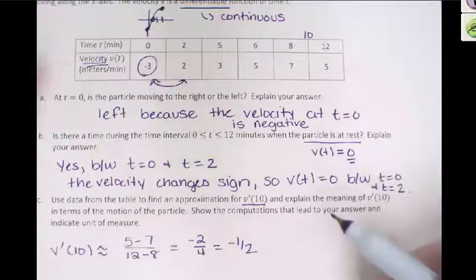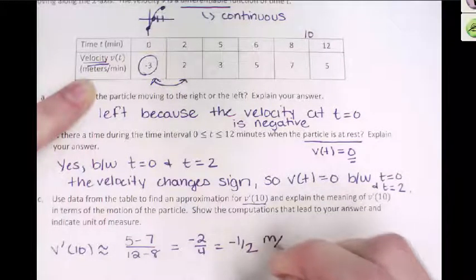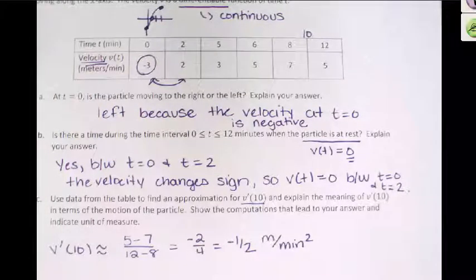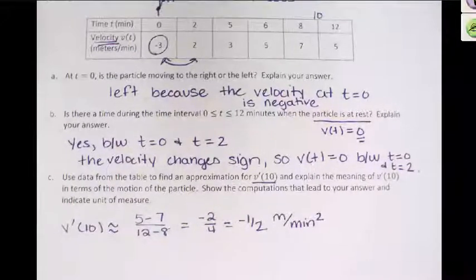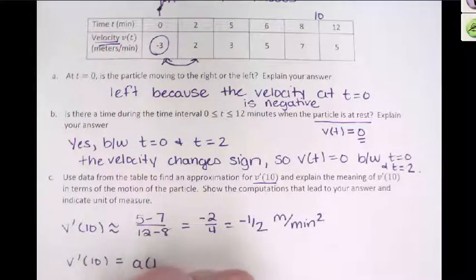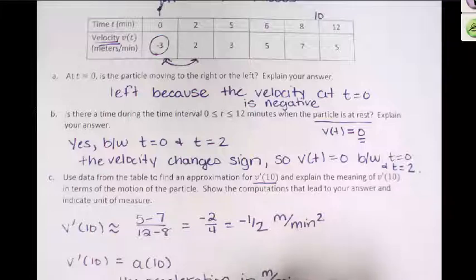Because velocity is being measured in meters per minute, the derivative of that would be measured in meters per minute squared. It's an acceleration. Anytime you have acceleration, time should be squared. Okay, so what is v prime of 10? V prime of 10 is the acceleration at 10, so it's the acceleration in meters per minute squared at time 10.